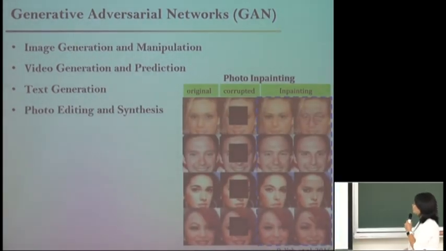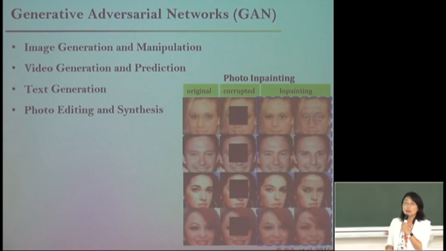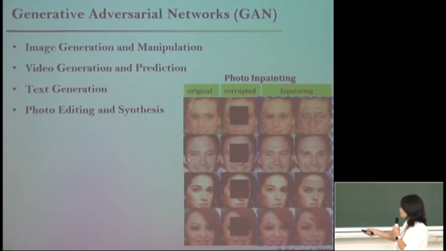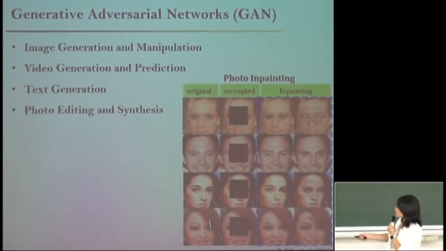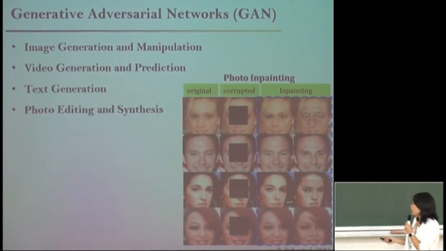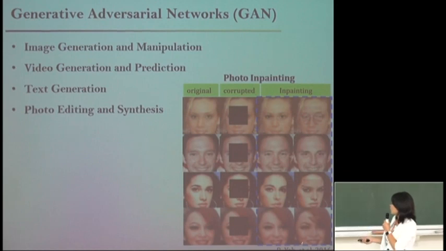This is also an example I really like. On the left side are the original pictures. We can crop the pictures on purpose and use the GAN system to fill in the missing part. Many of them look quite good. Of course, some of them are not very perfect, right?